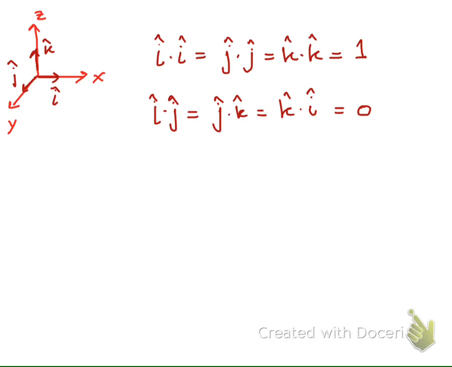From this relation, we can write down the dot product or the scalar product of two vectors in terms of their components along the x, y, and z axes.